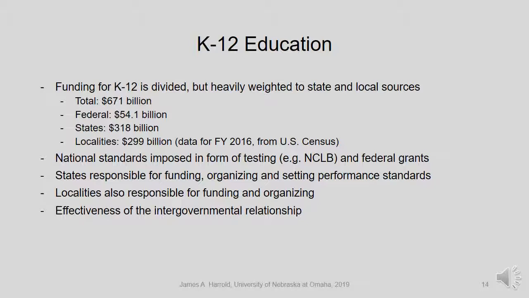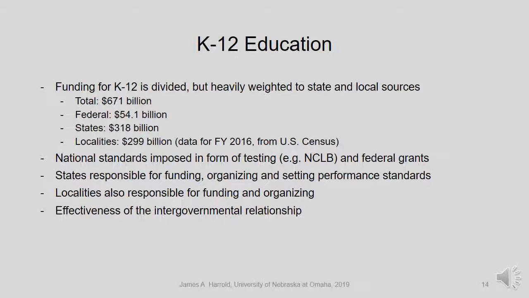So the No Child Left Behind Act imposed national level testing of all students in order for schools to maintain their funding from the federal government. And the federal government does pay for many important items like the school lunch program.